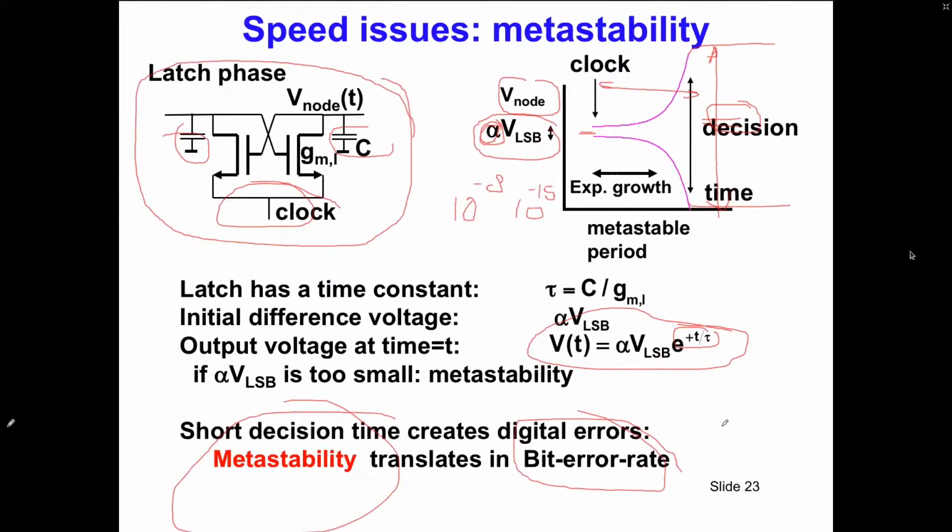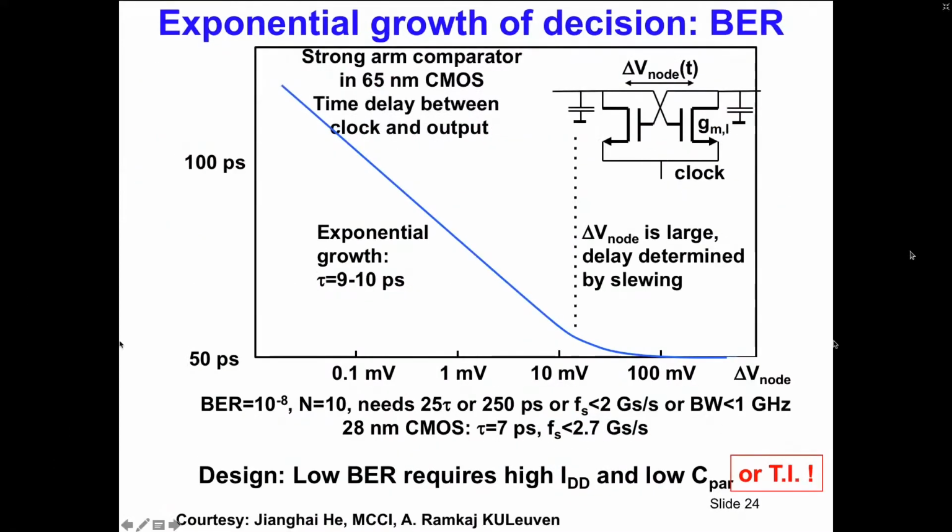So what you have to do in order to look at this type of circuits is to check for the settling tau that is associated with this little circuit, and that was shown in the previous slide. And here is a simulation, and basically this is a strong arm comparator.